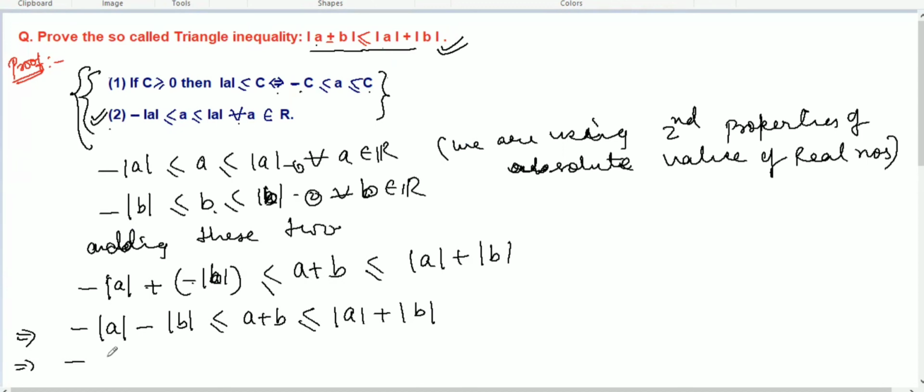So minus, if you take common here, absolute value of A plus absolute value of B less than equal to A plus B less than equal to absolute value of A plus absolute value of B.